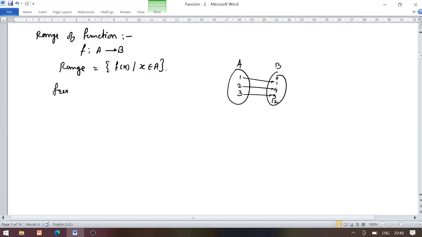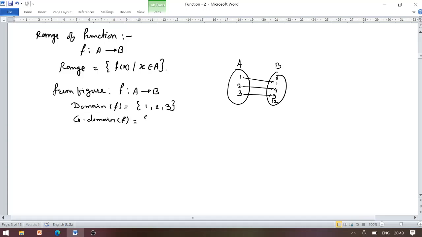So from this figure, f is a function from A to B such that the domain of f is the set of elements 1, 2, 3, that is equal to the set A, while the codomain of f becomes the set of all elements in the set B: 0, 1, 4, 9, 12, while the range of the given function f is of the form 1, 4, 9.